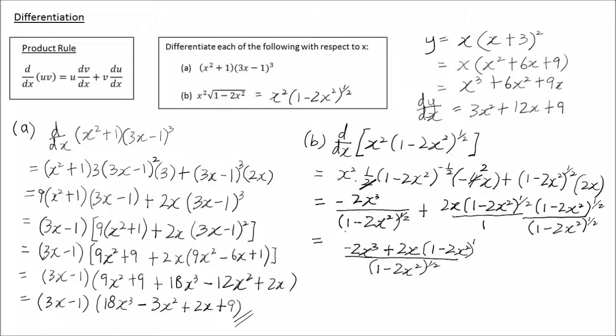Now let's further simplify the answer. You will get minus 2x cubed plus, multiplying this 2x into the bracket, 2x minus 4x cubed.